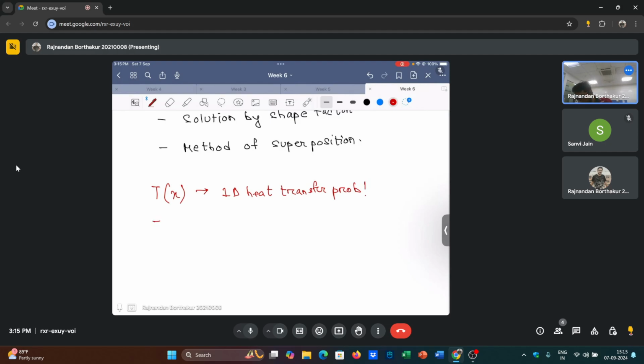Now my temperature will be a function of two variables. If I say it's a steady state problem, then my temperature field will be a function of two spatial variables, let's say x and y, and that's why it makes the problem two-dimensional in nature, because the temperature varies along x and also along y. That's why it becomes a 2D heat transfer problem.